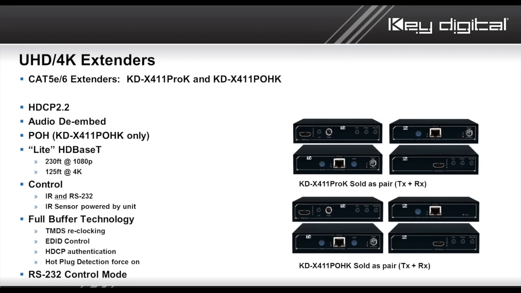Additionally, on your transmit unit, you see left, right on a 3.5 and digital on a PCM coax audio de-embed. You have the IR and RS-232 on separate ports, except that now the RS-232 is, once again, on a 3.5 millimeter port.